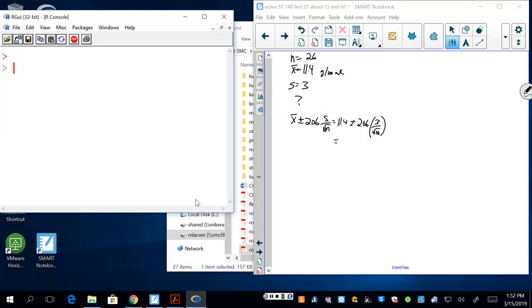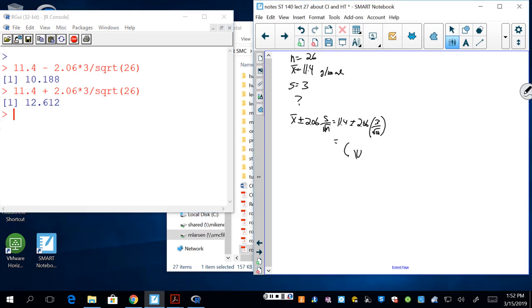Right, so if it was 11.4 minus 2.06 times 3 over the square root of 26, it goes down that far. But if it's plus, it goes up. So it's 10.2 up to 12.6. That's an interval: 10.2 up to 12.6 grams per 100 milliliters.